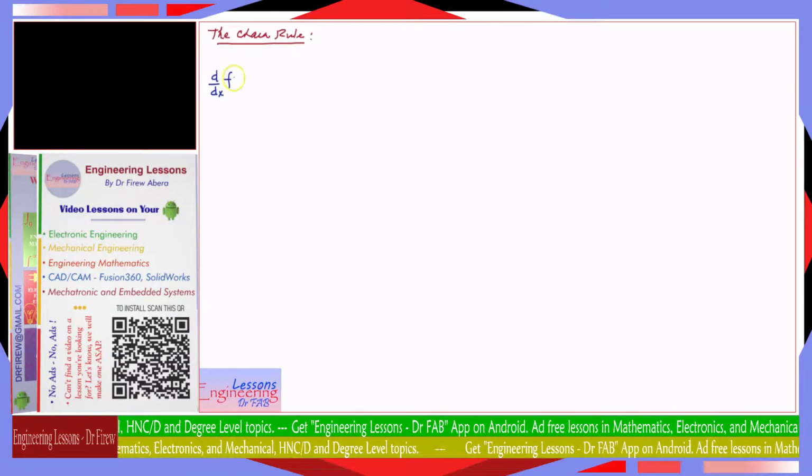Okay, so the chain rule is applied when we want to find the derivative of a function whose variable itself is a function. An example could be d by dx of f of g of x.